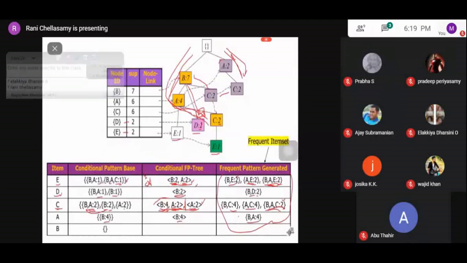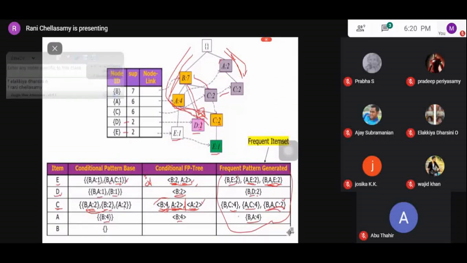Next, coming on to the C item. So, you have to find from the FP tree in how many possible ways you are getting the C value. Okay, see, here is C, here is C, and here is C. See the orange blocks, BA, you are getting C. BA, the support count value of C is 2.